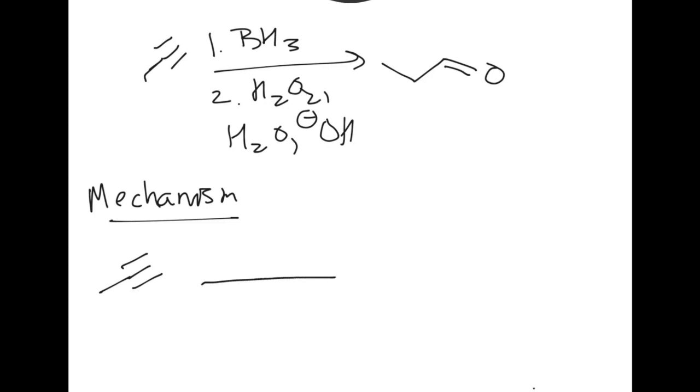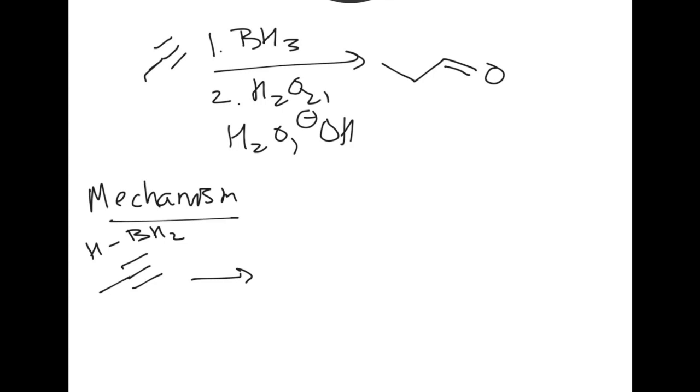Right, so the first step is your boron reacting with your alkyne. So I took my BH3, I drew the one hydrogen out. If you remember, boron is the oddball from the periodic table, right? Everything in the first few rows has an octet, 8 electrons around it. Boron only has 6.